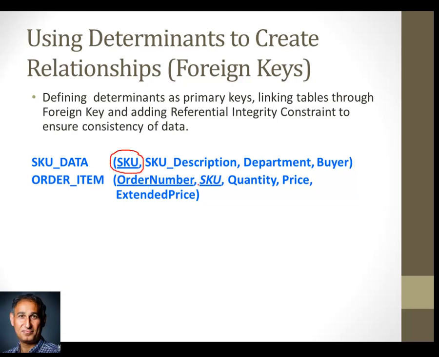So it's primary key here, but it's foreign key here. And that's how we create the relationship between the two tables. So now I have a relationship between the two tables, and when I pull the SKU in the order item, it will give me the description, department, and buyer information from the SKU table.